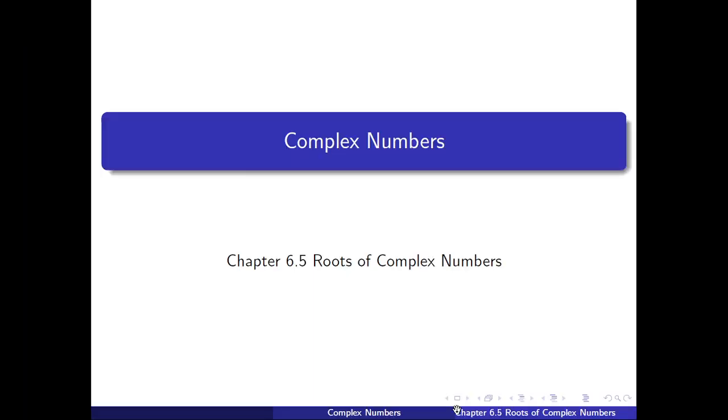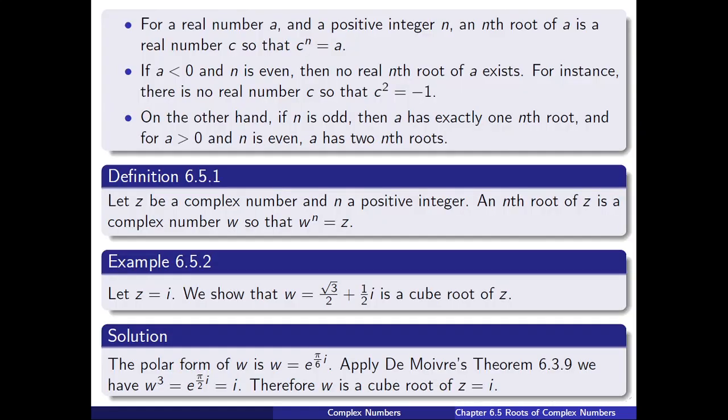We now look at section 6.5 of chapter 6, and it's on roots of complex numbers. So for a real number a and a positive integer n, an nth root of a is a real number c such that c to the n will give us a.